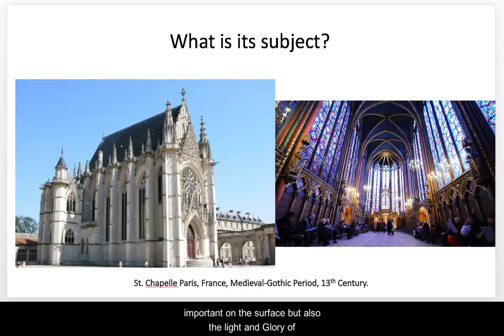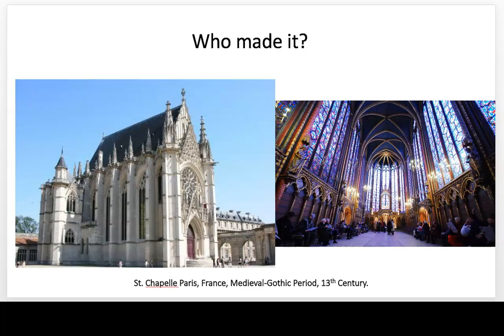That's important on the surface, but also the light and glory of God's presence being worshipped for the king, but also in some way about the king being glorified as the representative of God's rule on earth. And who made it? We don't know who made it exactly.